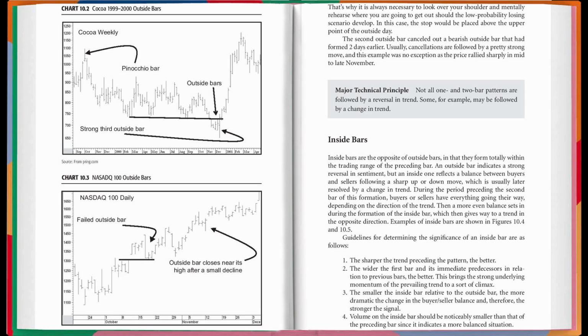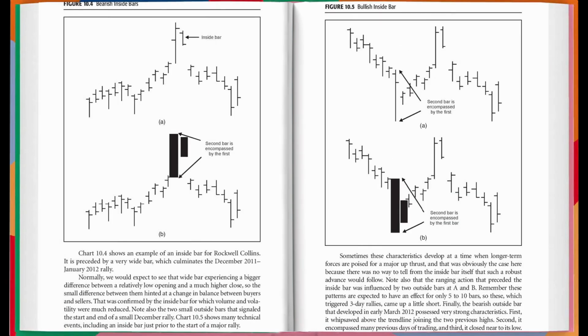4. Volume on the inside bar should be noticeably smaller than that of the preceding bar since it indicates a more balanced situation. Chart 10.4 shows an example of an inside bar for Rockwell Collins. It is preceded by a very wide bar, which culminates the December 2011-January 2012 rally.